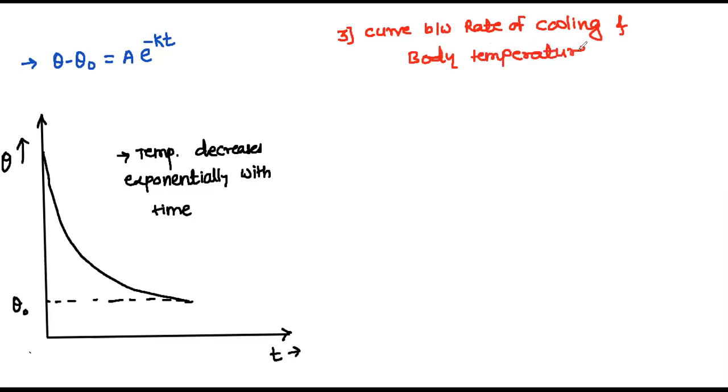Now how will it be? Let's see the nature of this graph. We know rate of cooling is directly proportional to theta minus theta naught, and therefore R is equal to K into theta minus theta naught. You know this, right? Here there is no minus sign because it is rate of cooling. Clear?